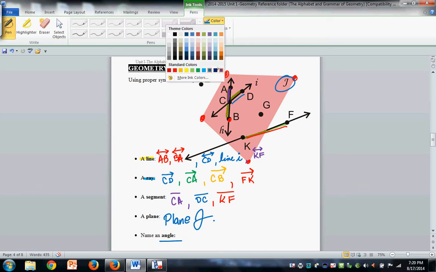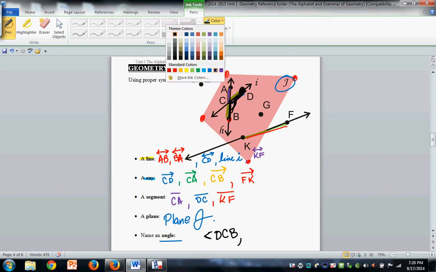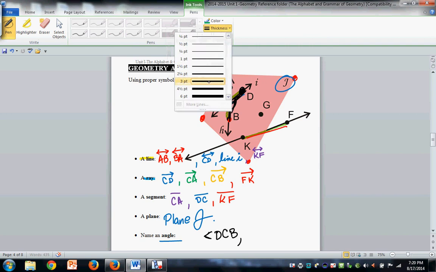An angle. When I do an angle, I have to use 3 letters and the little baby symbol for angle. I could use any 3 letters. For example, right here, DCB, that would be an angle right there. DCB, trace and sweep. Let's try another one.